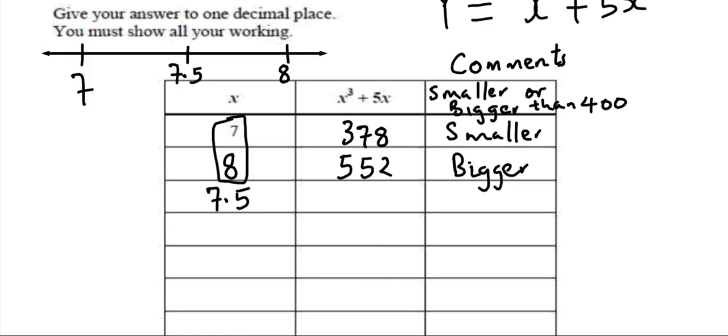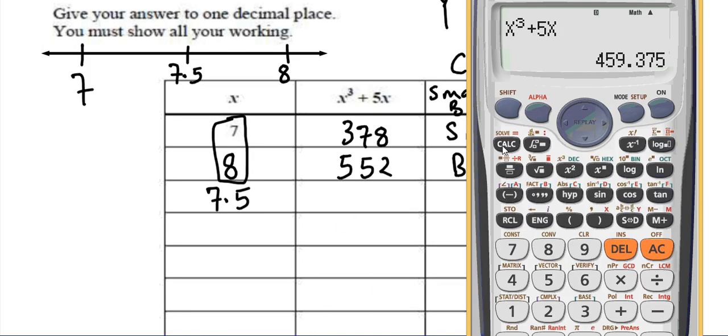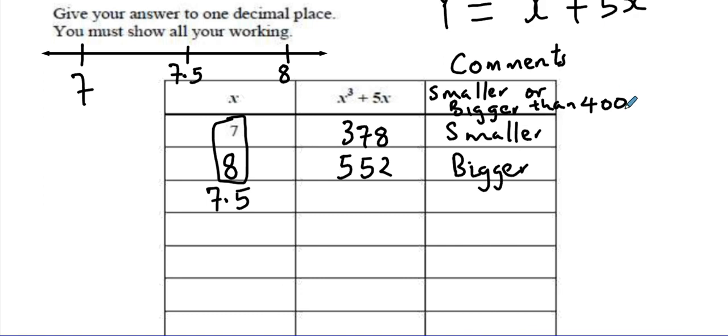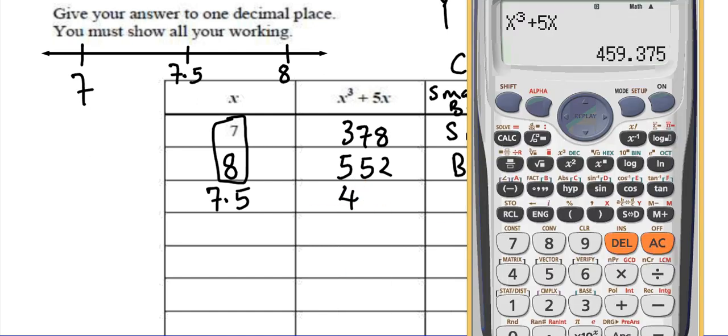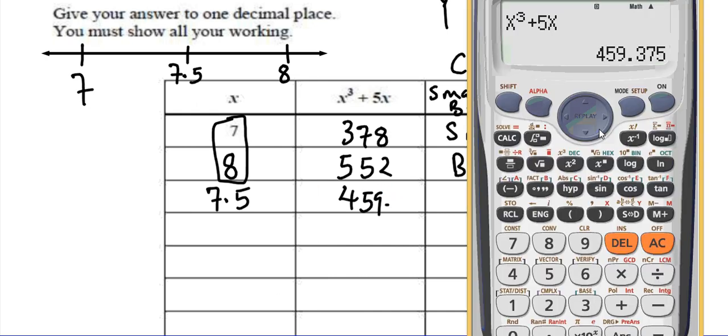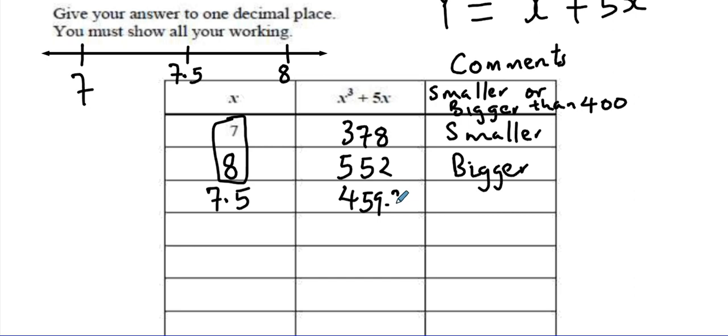Let me check it again. x power 3 plus 5x. So calculate 7.5. We are getting 459.375.